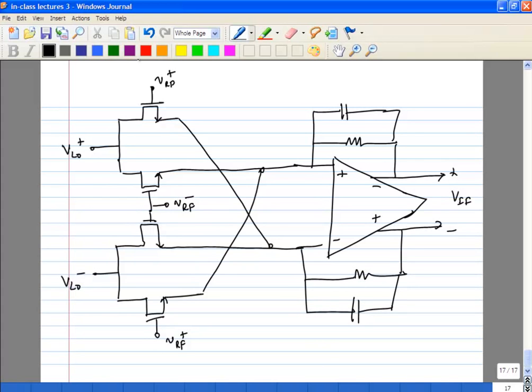This is basically to convert the current to voltage. You have two more capacitors CV.